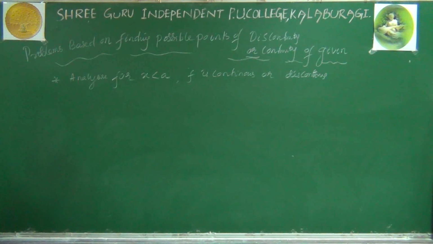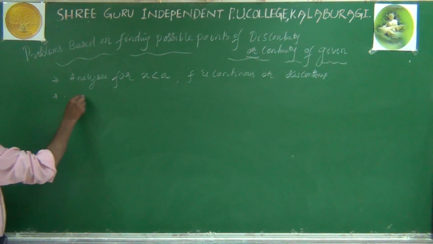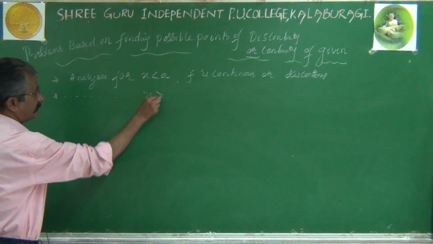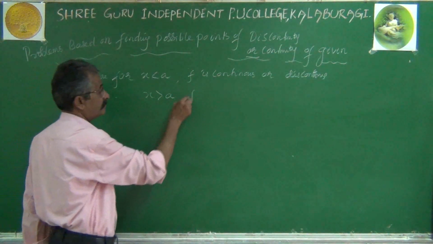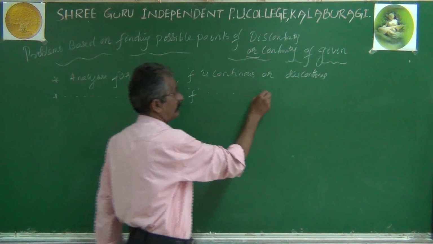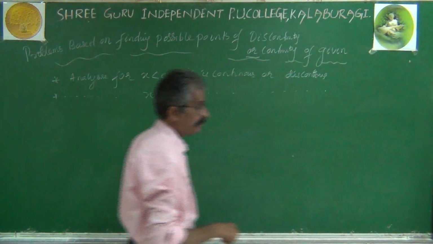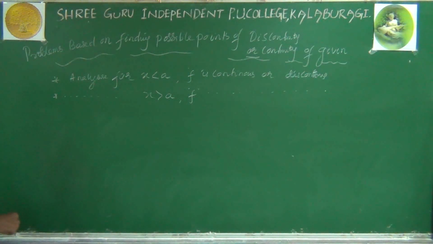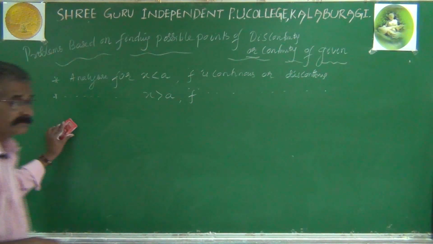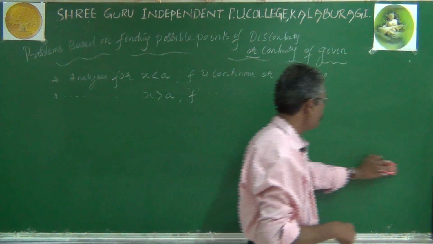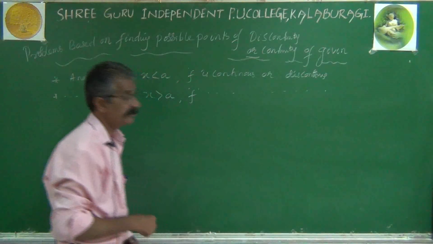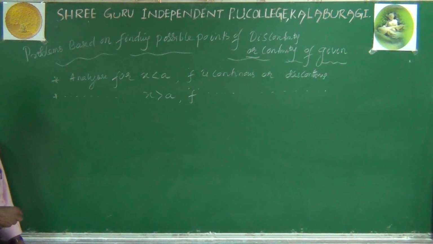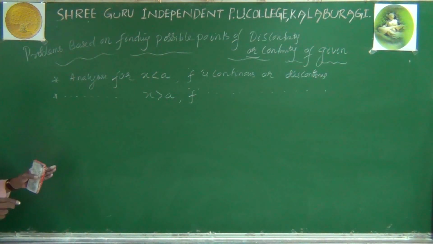Analyze means you need to justify. Similarly, analyze for x greater than a, f is continuous or discontinuous. Analyze means calculate, estimate whether for x greater than a the function is continuous or discontinuous, generally, not by means of any particular cases.